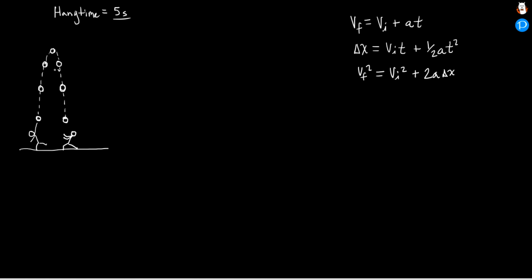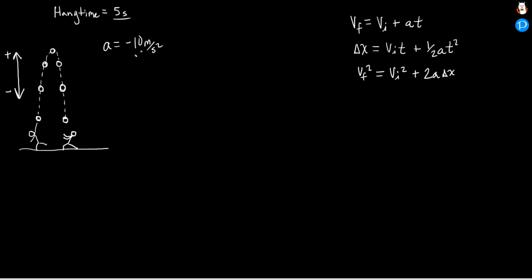That entire time, it has the acceleration of a free-falling object, which is negative 10 meters per second squared. Now, we're also going to make sure we define which direction is negative and which direction is positive. So I'm going to make this direction negative, and going upwards is going to be positive in this case.